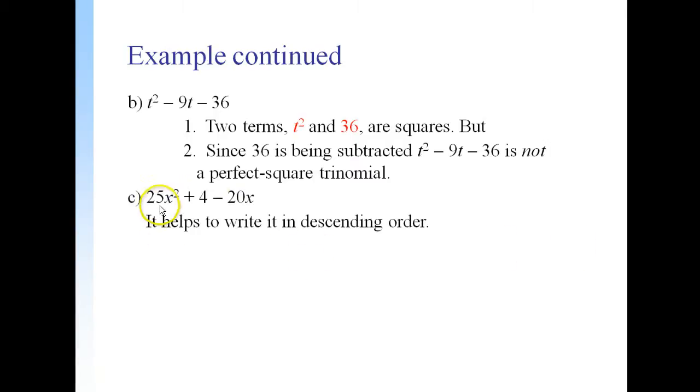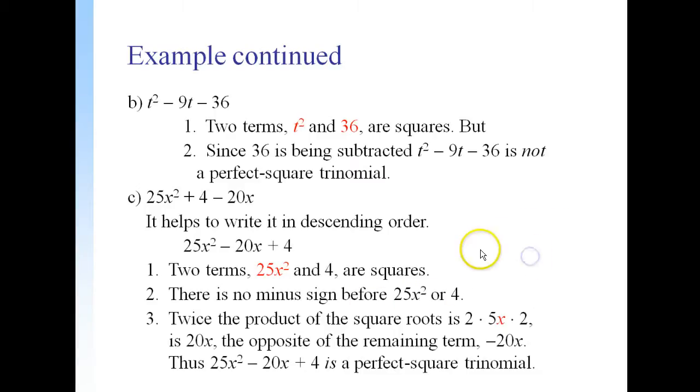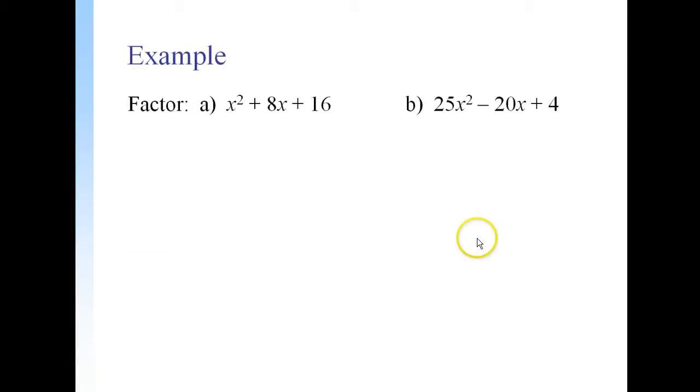And again, write it in standard form. First and last term are perfect squares, and the square root of these do give you the middle term. So once again, they're reviewing the rule. And I think we did these already, so.